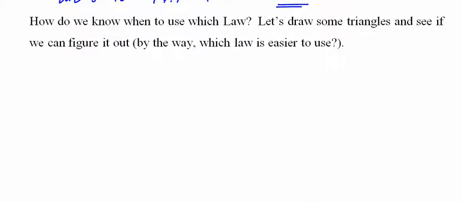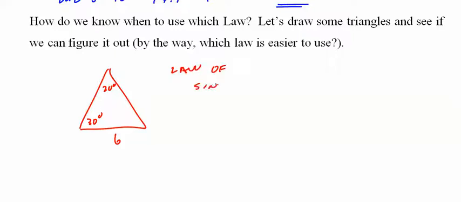So how do we know when to use which law? You guys are smart. I'm not going to get into this in great detail. Let's say I give you 30 degrees, 20 degrees, and some random side, 6. Well, this is law of sines, because it's angle, angle, side. The other one would have been angle, side, angle.